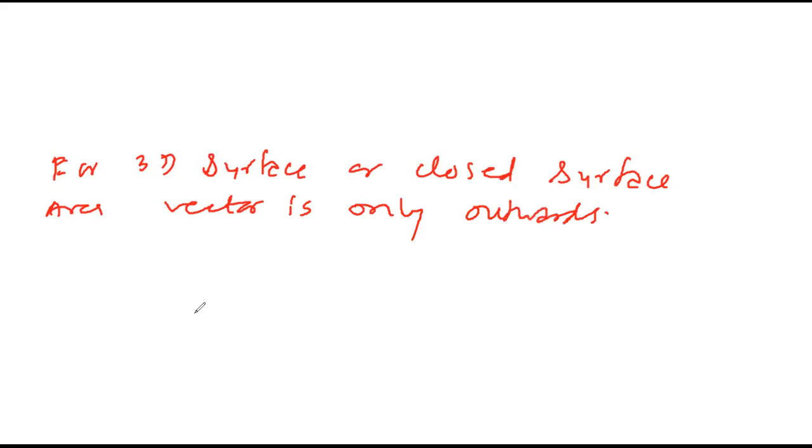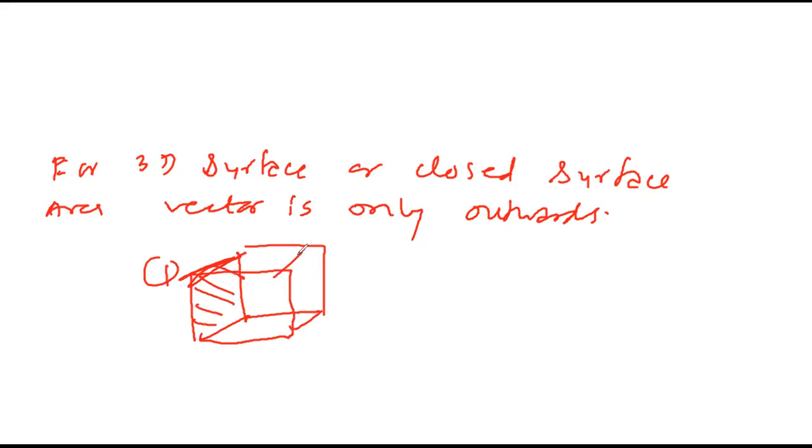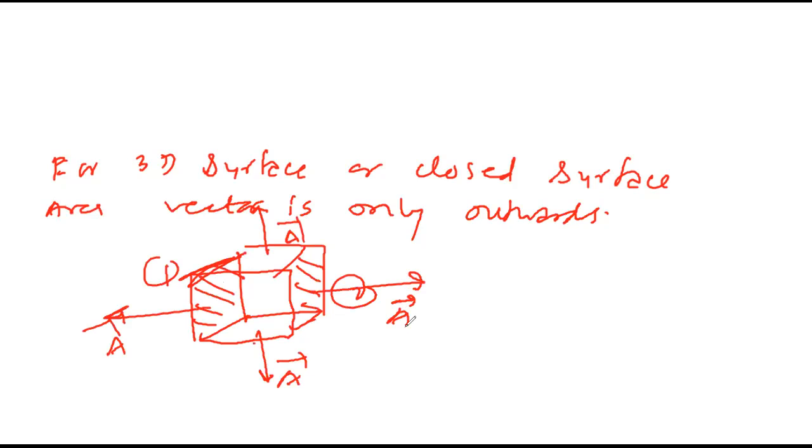So if this is a cube, for this face, if I call this 1, this 2, the area vector will be perpendicular and outward like this. For this side it will be upward, downward. Always outward, perpendicular to that plane.